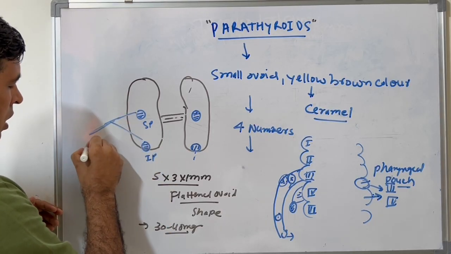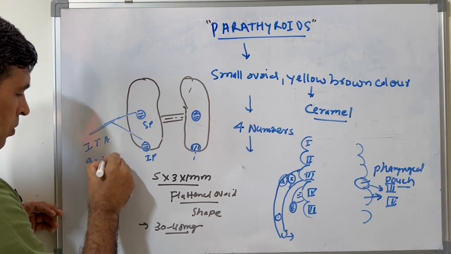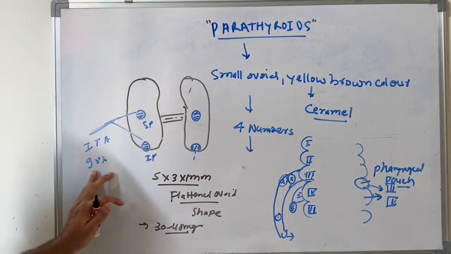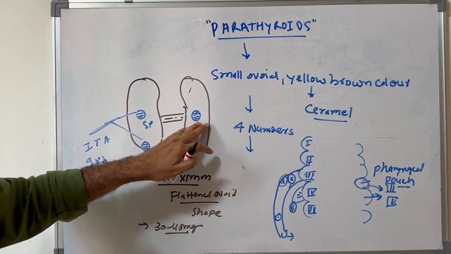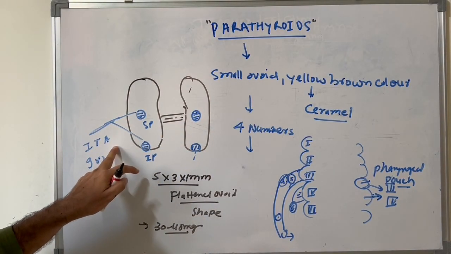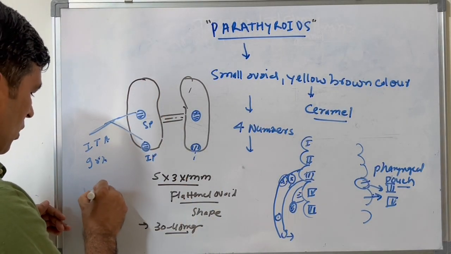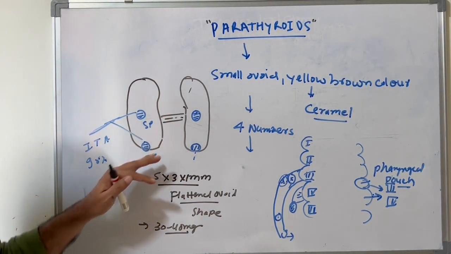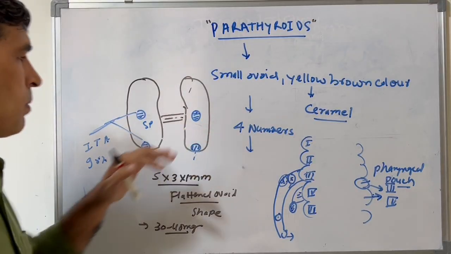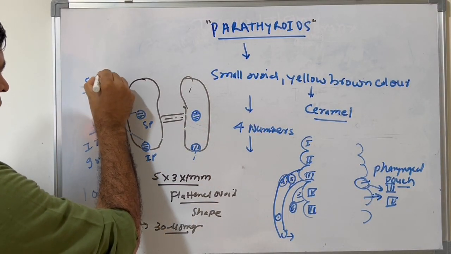the branches of the inferior thyroid artery. In 90% of cases, the blood supply of the parathyroids is by the inferior thyroid artery. In 10% of cases, the parathyroid may be supplied by branches of the superior thyroid artery, which may anastomose with the inferior thyroid artery. So mainly the parathyroids are supplied by the inferior thyroid artery, and sometimes by branches of the superior thyroid artery.